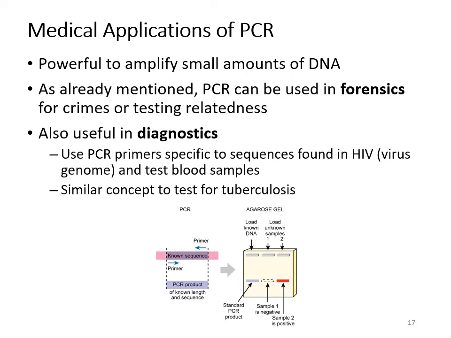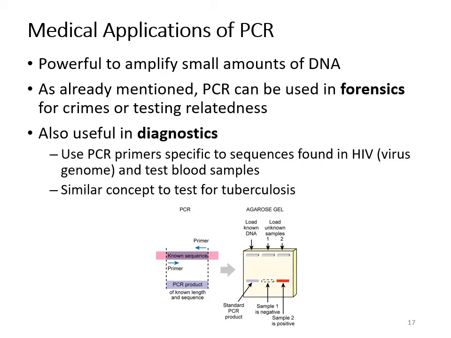Now, if that patient's not infected, the primers won't find anything. They won't have anything to bind to. There won't be any amplification, and you won't see any band on the final gel. And they do this for a lot of different infections, and they even look at mutated genes like BRCA1 for breast cancer.